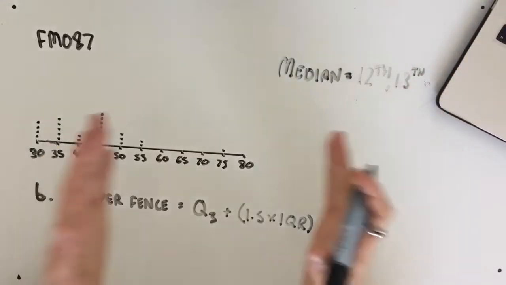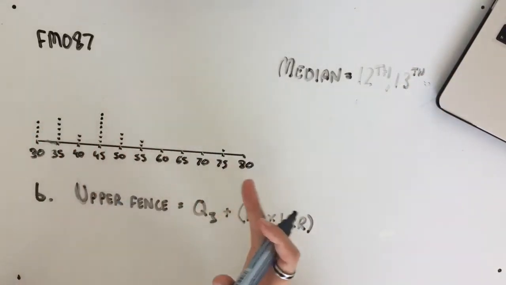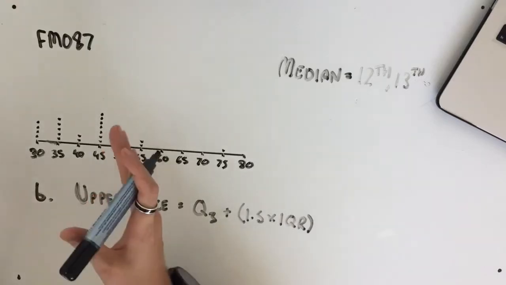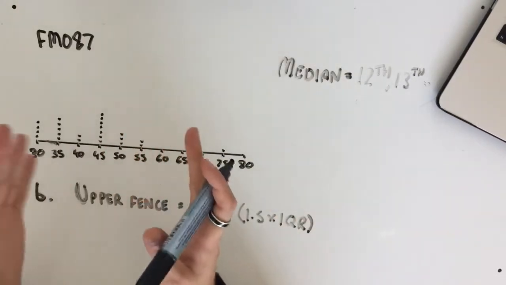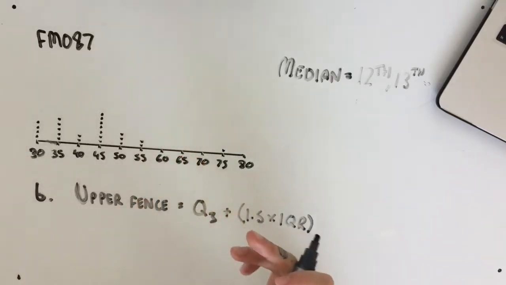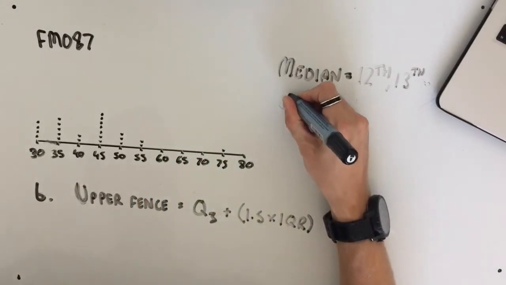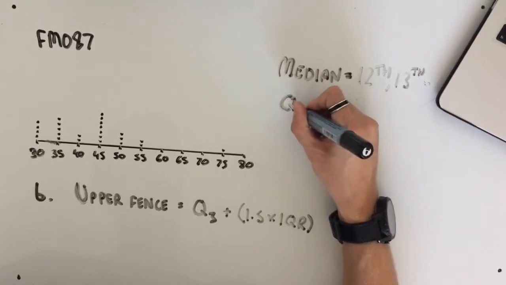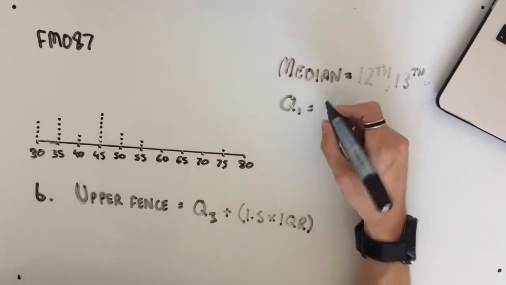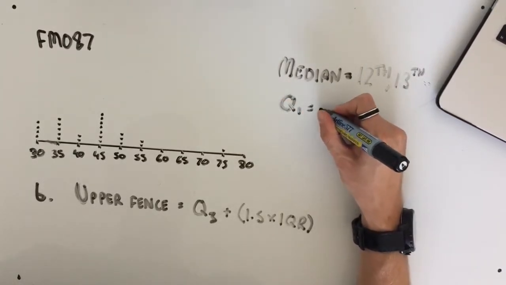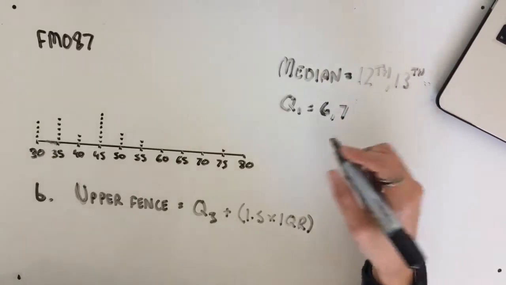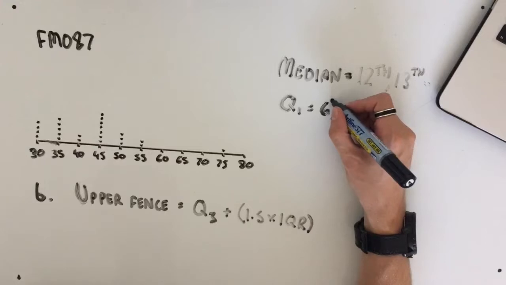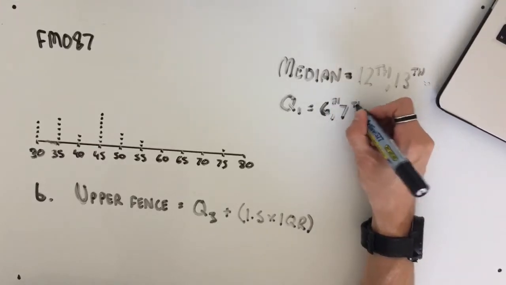Which means that on either side of our median we're going to have 12 values and 12 values. So to find Q1, we're going to look at the median of our first 12 values, which is going to be between the 6th and 7th values.